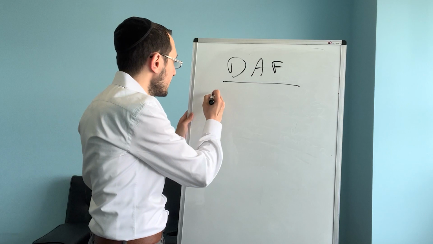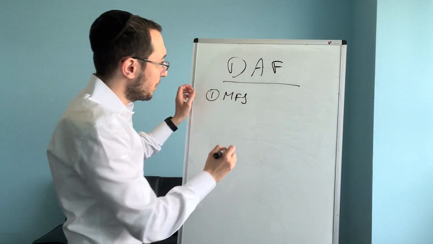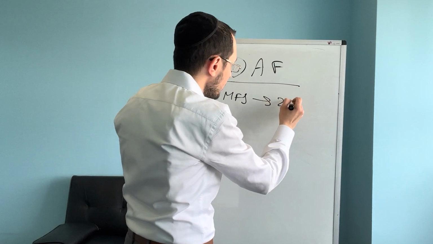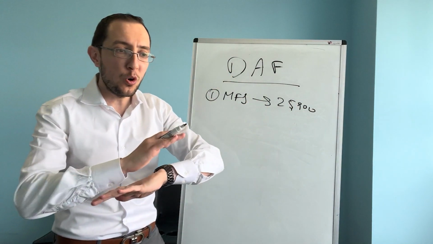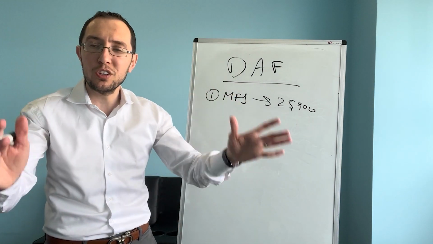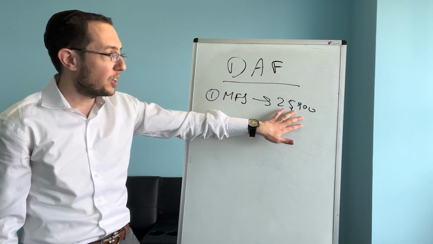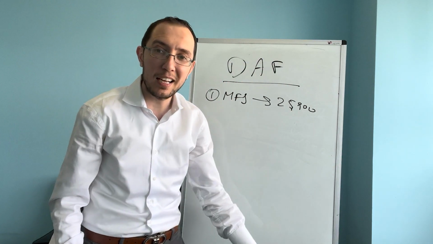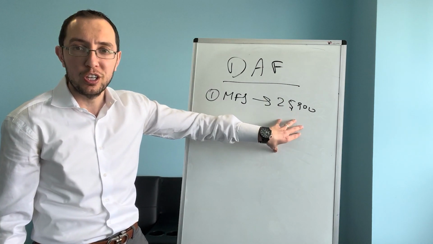Because remember, as married filing joint, and we're just going to use that as an example, your standard deduction is $25,900. That means the IRS says, hey, we're letting you deduct $25,900 right off the bat. If you're married, the first $25,900 of your income, so to speak, is not taxable, so you get to deduct it as a standard deduction.